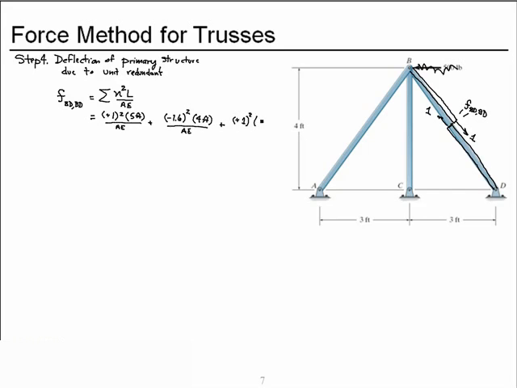We'll square that, 5 feet long over AE. Put those together and we get a positive 20.2 feet over AE. So when the redundant pulls in tension, we get an overlap instead of a gap.